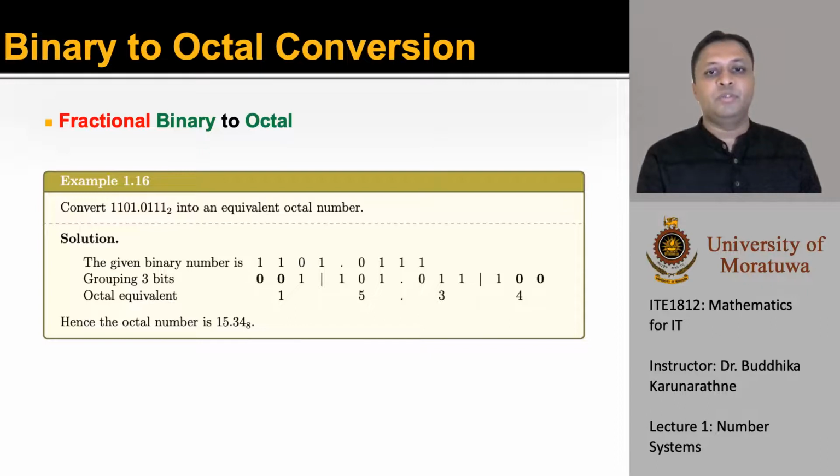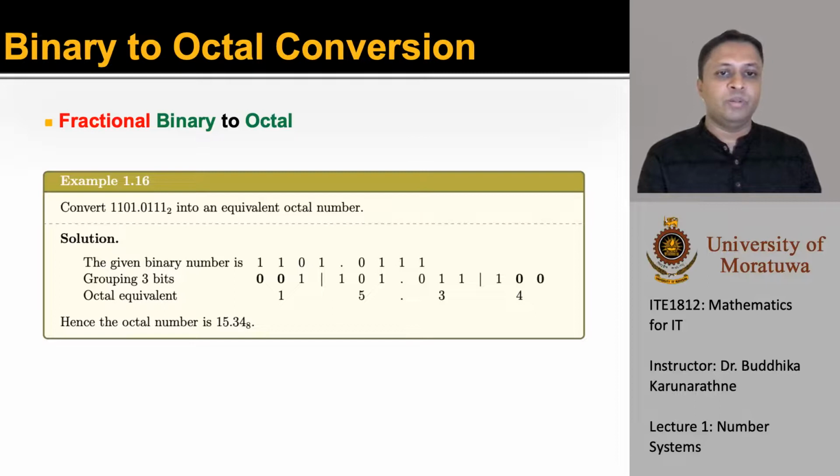What I mean by opposite is you start from the most significant or the leftmost bit, which in this case is 0, and you group them into 3 digits: 011, and 1. You are left with only 1 for this case, and then you can add 2 following zeros. And then you can write the corresponding octal digits, to be 1, 5 for the integer part and 3, 4 for the fractional part.